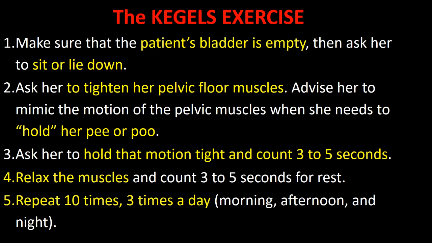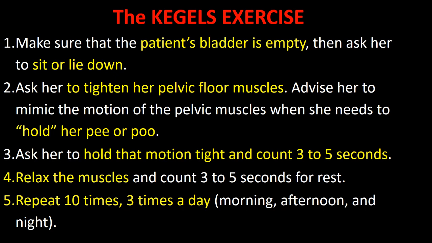Now, let's also try to do the Kegels exercises. Imagine yourself in front of the CR and you need to pee or poo, pero may tao sa CR. And then, apply pressure on your pelvic muscles by helping it contract. Hold it for 3 to 5 seconds. 1, 2, 3, 4, 5.